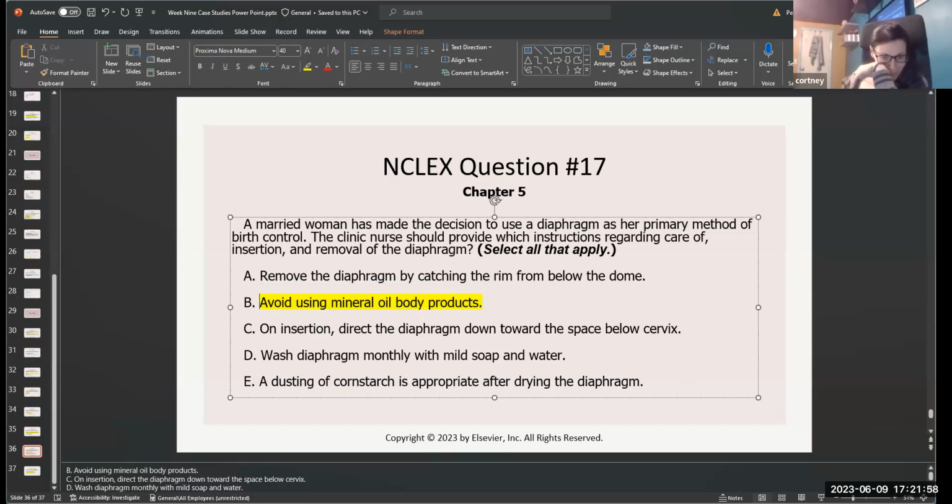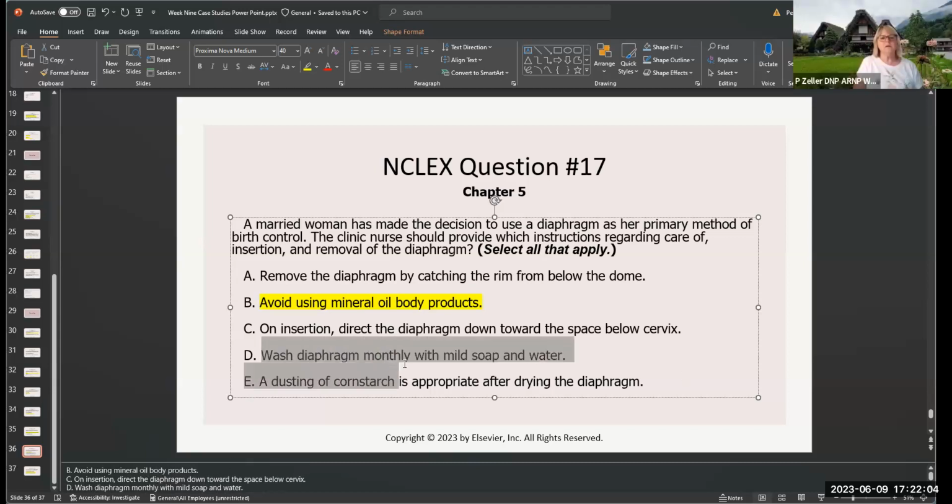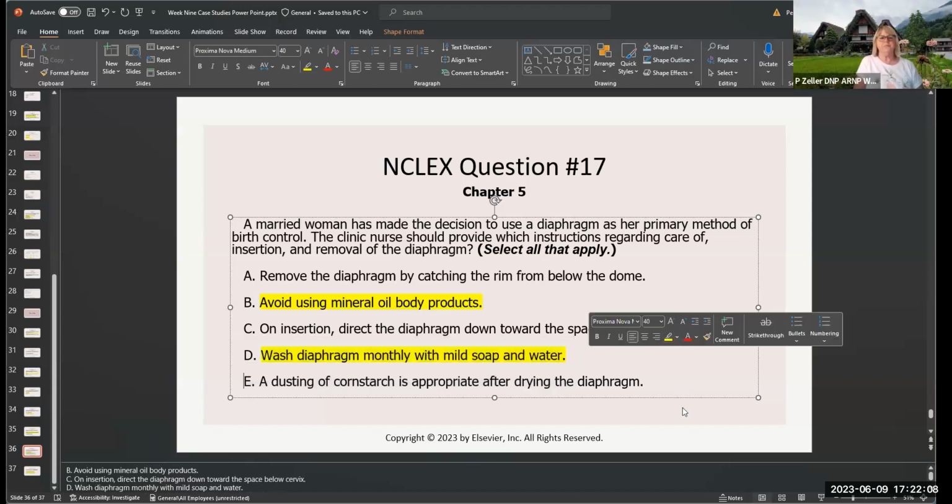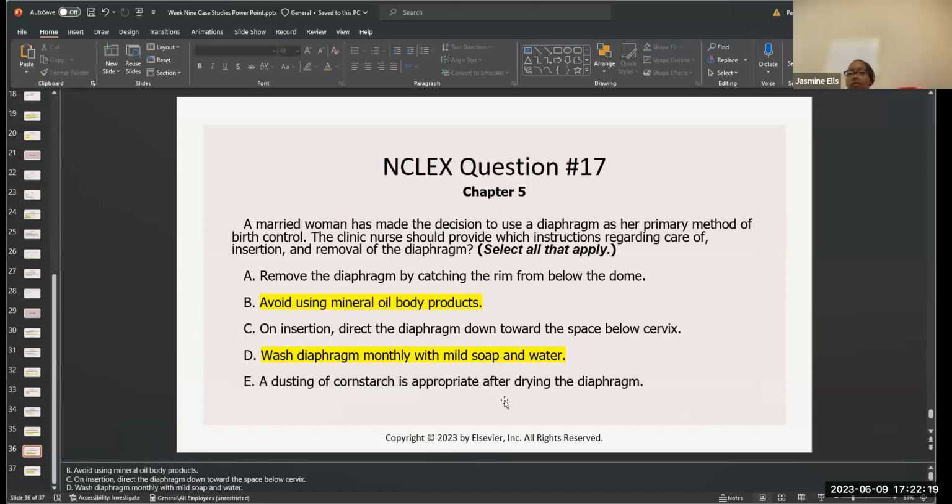D. Yep, we need to wash it. C and E. Not E. We don't need to put cornstarch on it, just air dry.